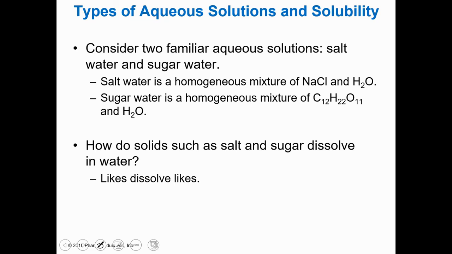All right, the next thing we're going to look at is types of aqueous solutions and their solubility. Not everything dissolves in everything. So there's a saying, and it's called like dissolves like. Polar things dissolve polar things, non-polar things dissolve non-polar things, and the two don't generally mix between a polar and a non-polar.